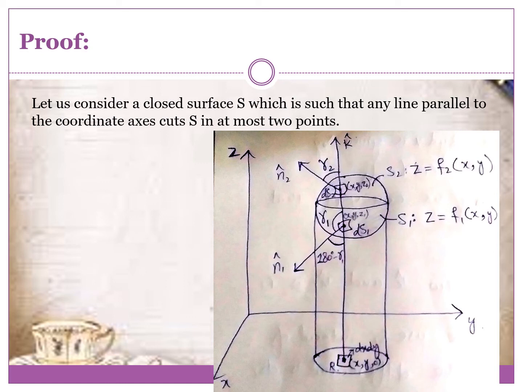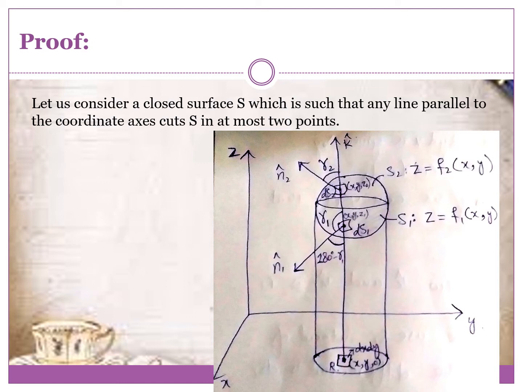That is, the line drawn is tangent to the surface. Another possibility is that the line passes through the surface and touches it at 2 points. These are the points, this and this.